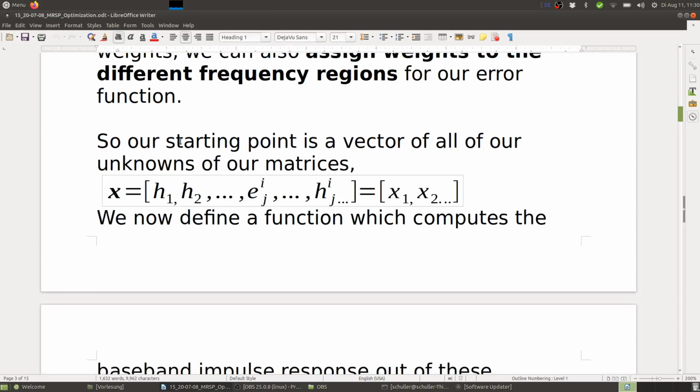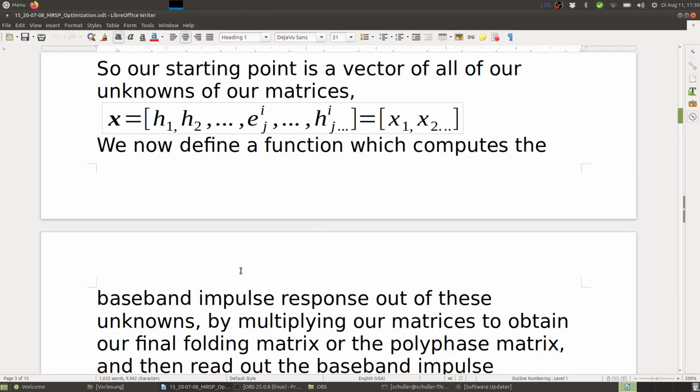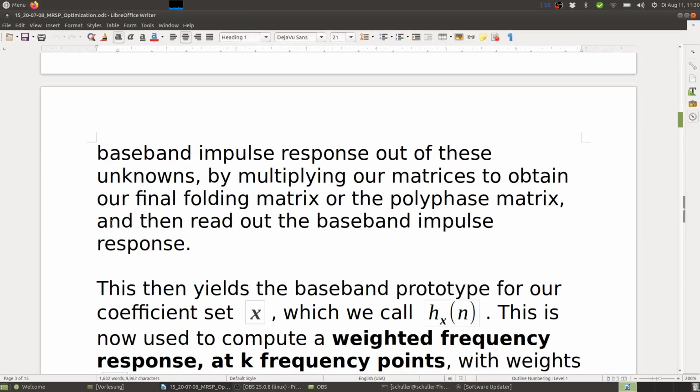So our starting point is a vector of all of our unknowns of our matrices. So here we have our x, which is a collection of all our coefficients, right? And we now define a function which computes the baseband impulse response out of these unknowns by multiplying our matrices to obtain our final folding matrix or polyphase matrix, and then read out the baseband impulse response, HA of n.